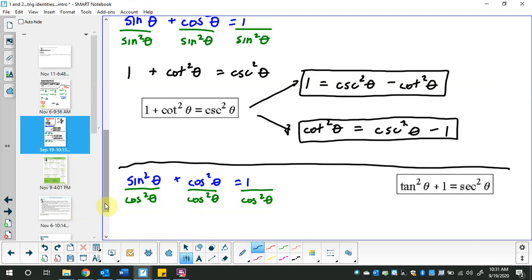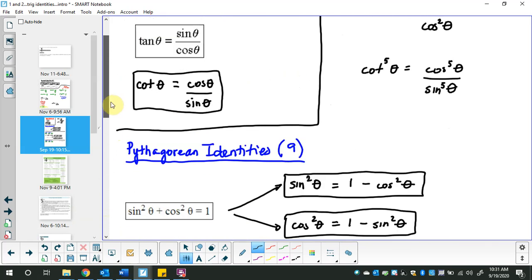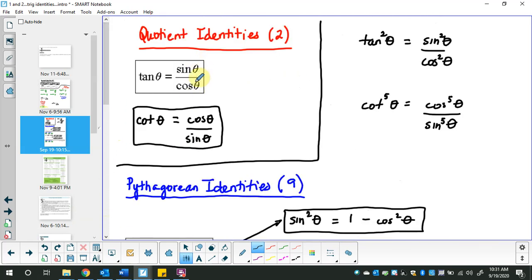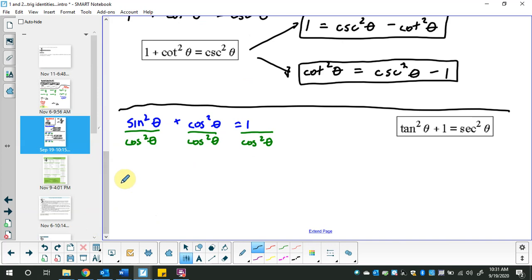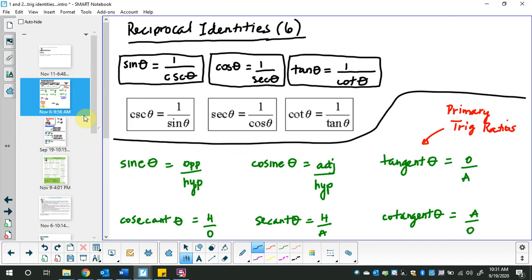So sine squared theta over cos squared theta, that's this, but squared, so I'm going to steal the other side, tan theta, but squared. Cos squared theta divided by cos squared theta is 1. And from the reciprocal identities, here's what I'm looking at.